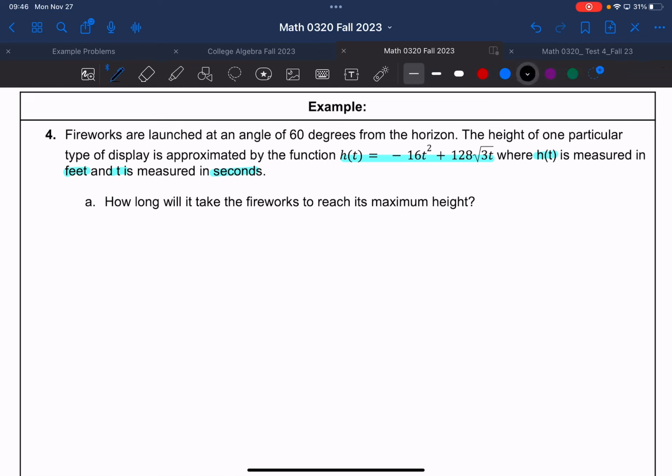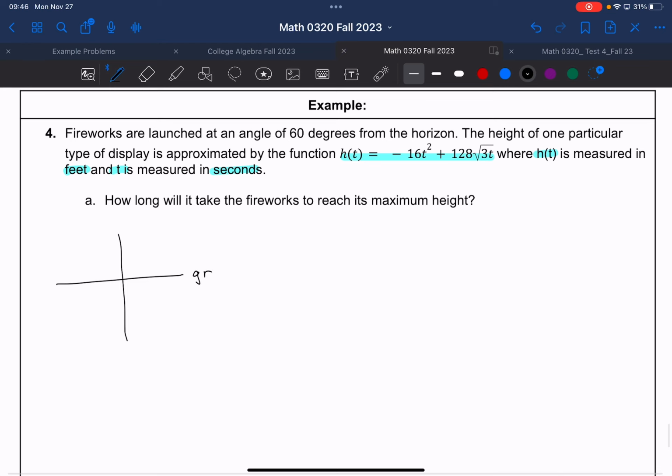So before we determine how we're going to solve this, we're going to draw a diagram. Okay. So here is our graph. Here's our diagram. We're going to say that the x-axis is the ground. Okay. When you launch something, it's going to go up, and then eventually whatever is left of that is going to come down.